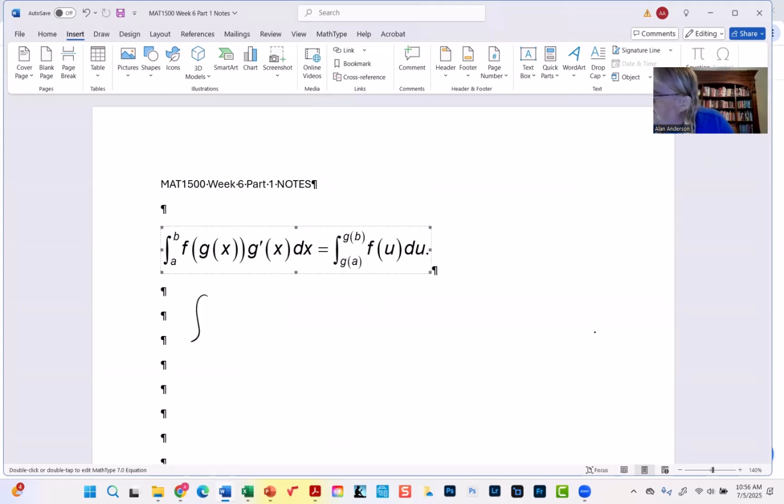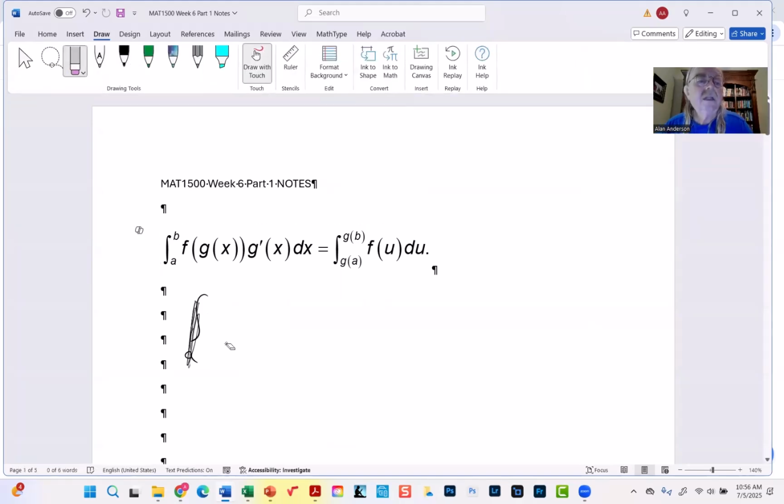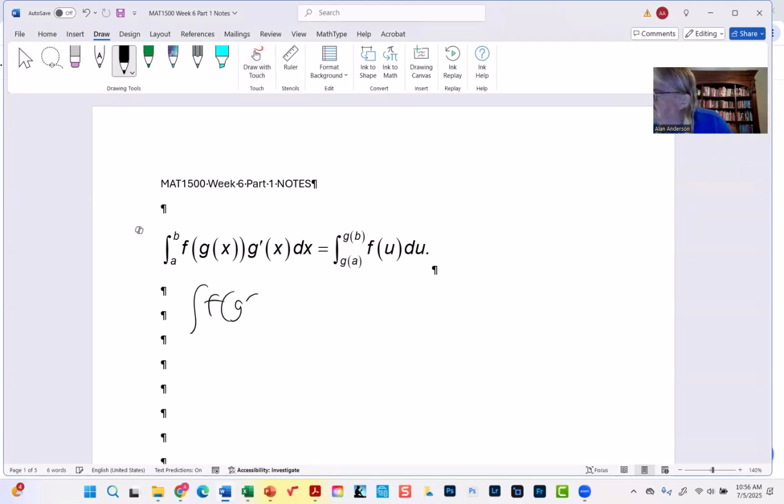If this was an indefinite integral, you would not have any limits of integration. Instead, you would simply apply our rules of integration and you would end up with this result.